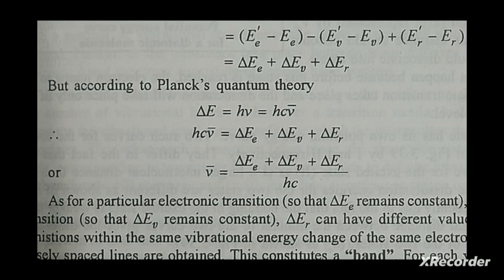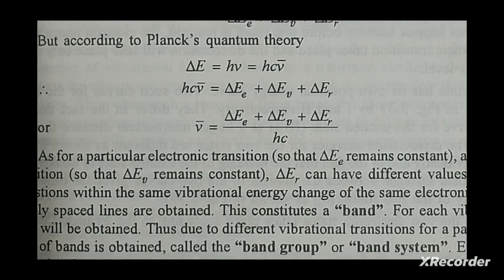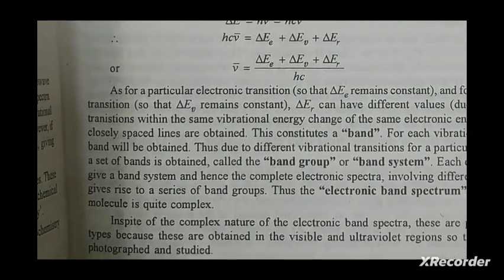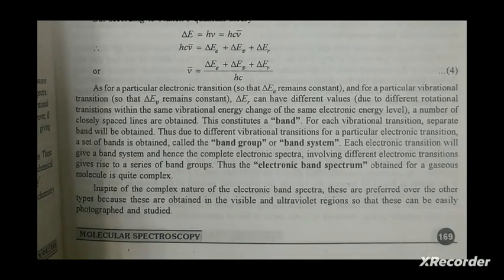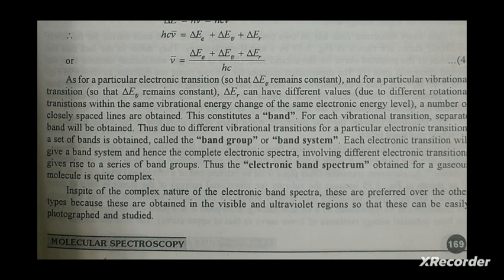Here the value of delta E_E remains constant for a particular electronic transition, and delta E_V remains constant for a particular vibrational transition. E_R can have different values due to different rotational transitions within the same vibrational energy change of the same electronic energy level. A number of closely spaced lines are also observed.